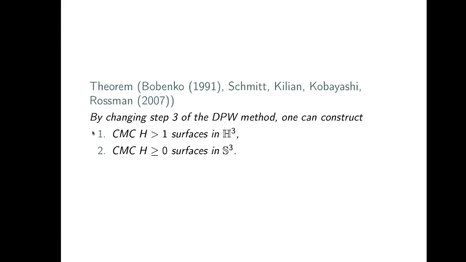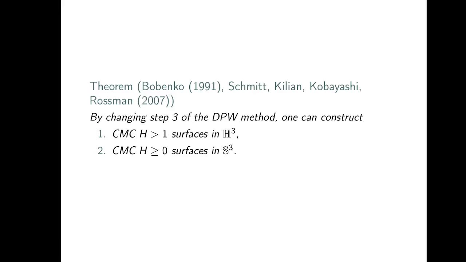By changing only the last step of the DPW method, the last step being applying the Sym-Bobenko formula, one can construct these classes of surfaces: constant mean curvature surfaces with mean curvature greater than 1 in H3, the hyperbolic 3-space, and all the constant mean curvature and minimal surfaces in the 3-sphere.